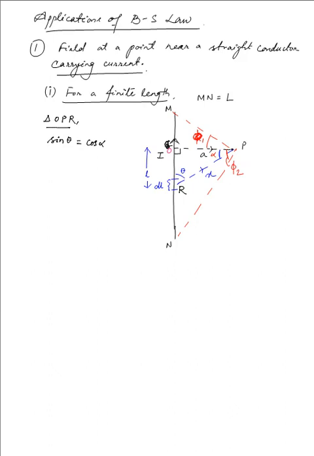So sine theta here is equal to cos alpha, and that is eventually equal to which side by which side? Well, it is equal to the side OP divided by the side PR, that is A by X. So this is A by X, the value.